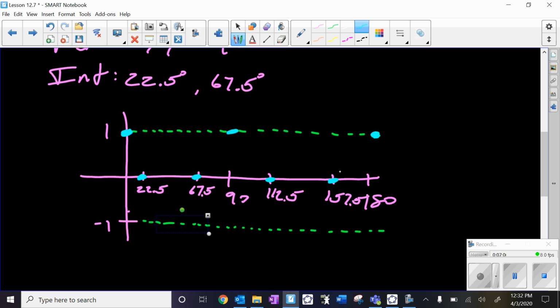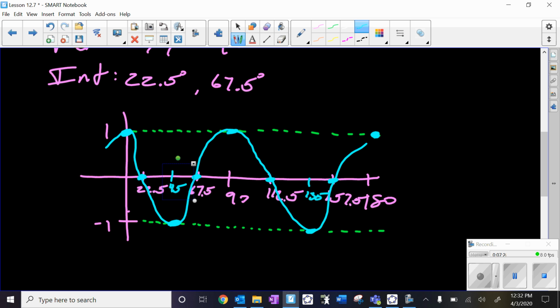Halfway between, if you want to know that, this is 45 degrees, which is there. Halfway between there would be 135, which would be down at the bottom. Your cosine function looks like that.